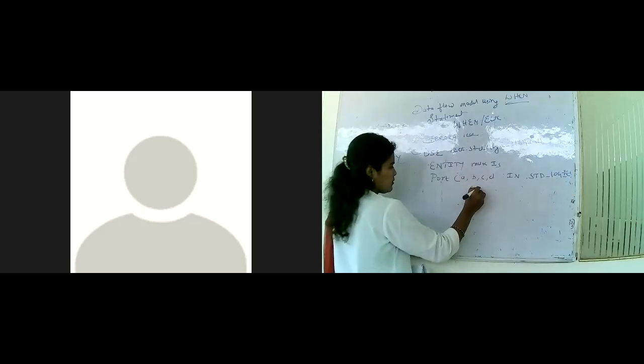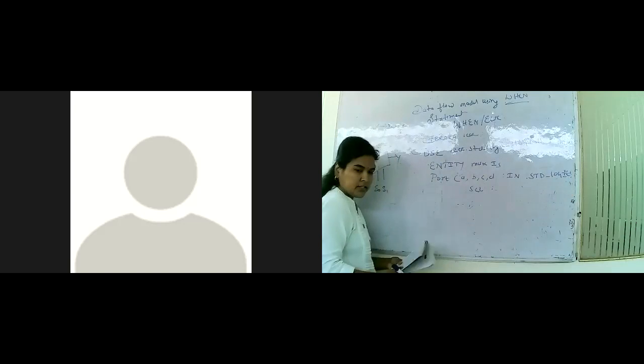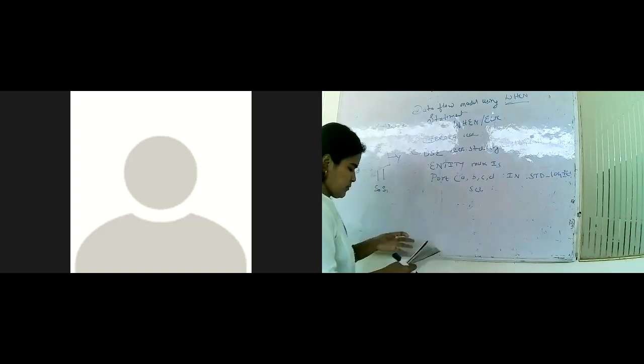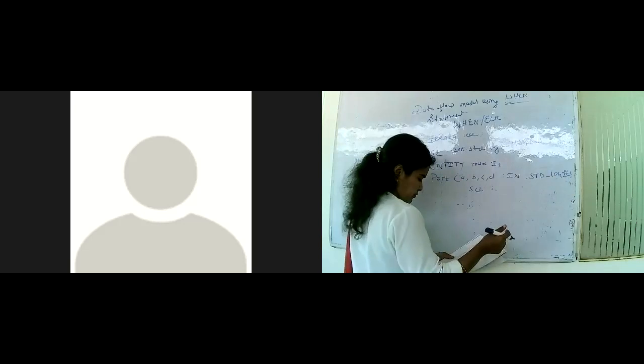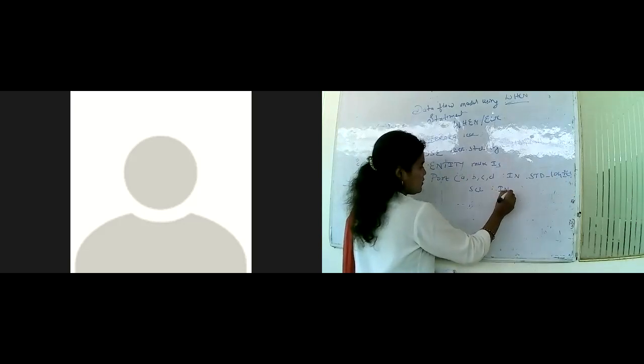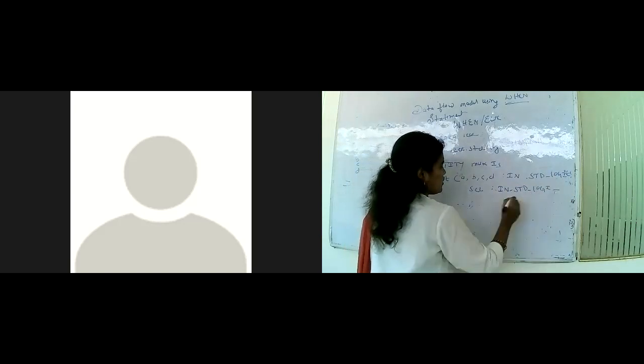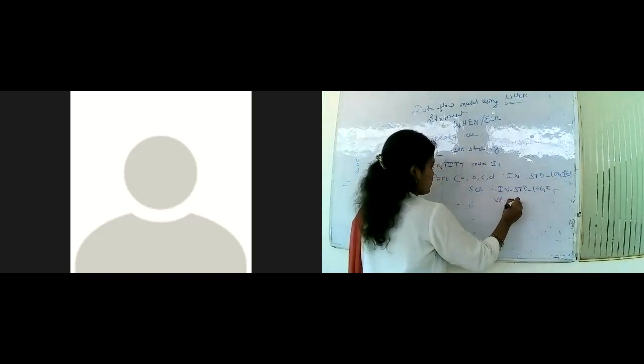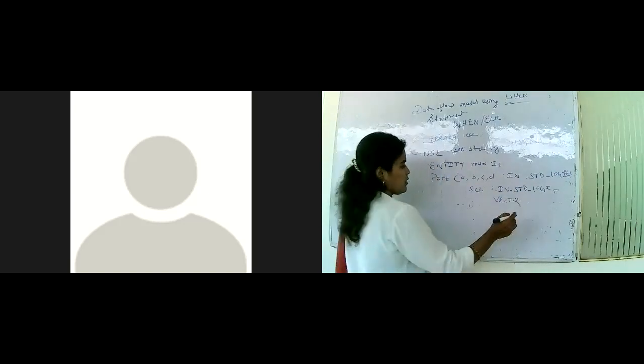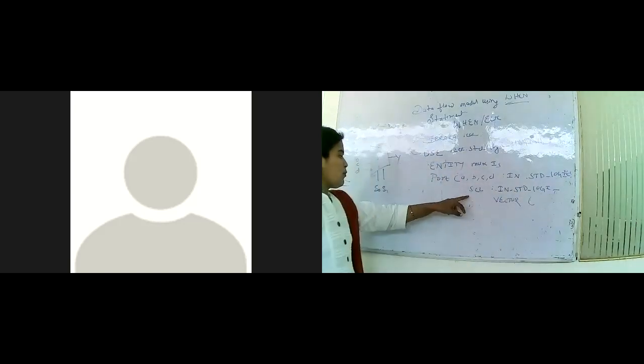For the selection, S0 and S1 are the selection lines, in std_logic_vector. How many selection lines are there? S0 and S1. Highest one is 1, last one is 0. If it is S2, then highest is 2, last one is 0.